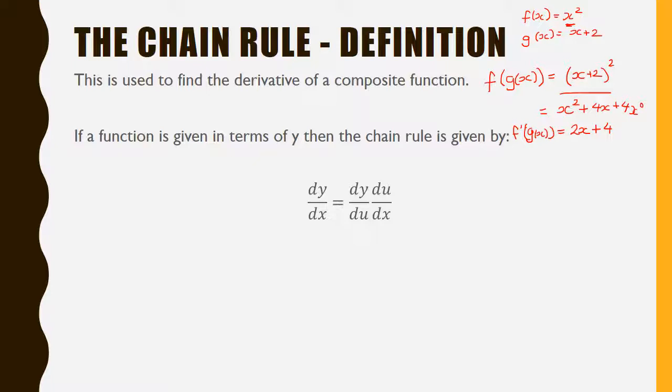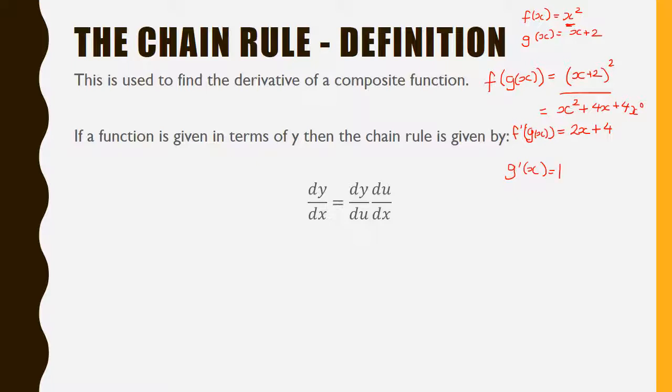Our chain rule is written in the most common way down below just here. Essentially what we're saying with our chain rule is that we differentiate dy/du with respect to one function and then du/dx. So in this case, we're differentiating the outside function and the inside function. If I differentiate our inside function, our g dash x, we would just get 1.